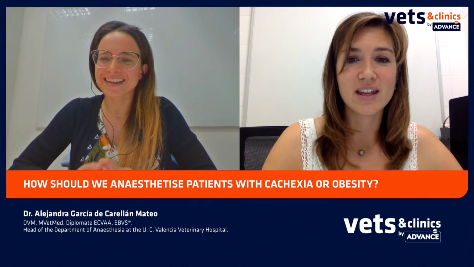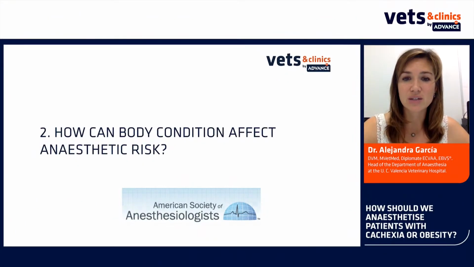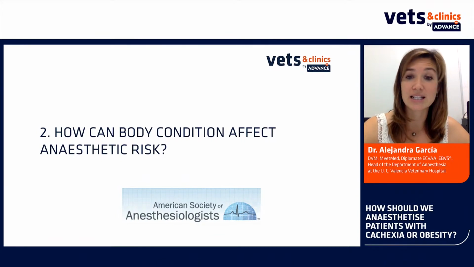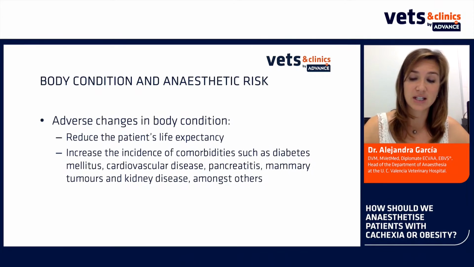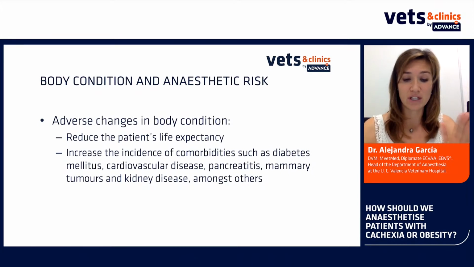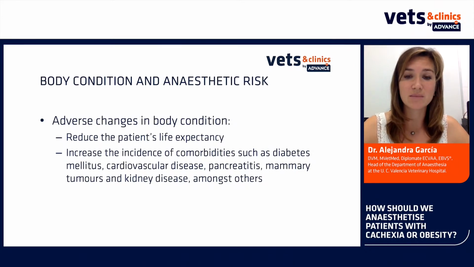Here you have the picture of the American Society of Anesthesiologists, very well known as ASA. The ASA is basically a risk ratio that we use to estimate the risk during anesthesia in our patients. So the body condition and the anesthetic risk are related.